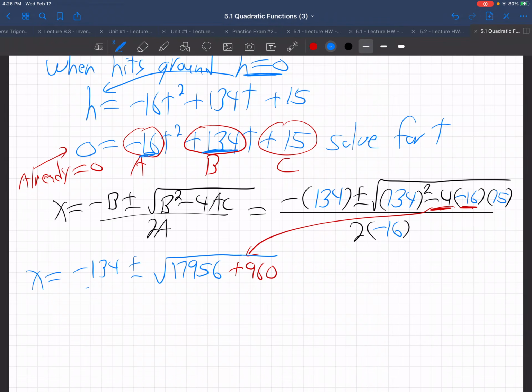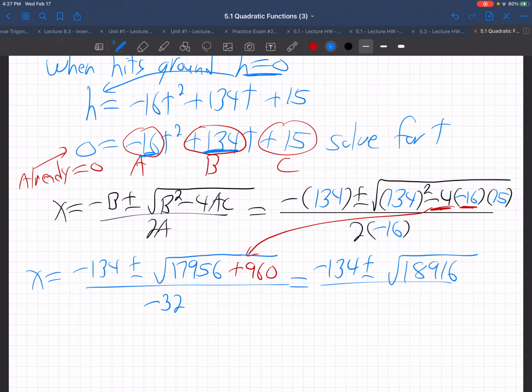You see how that came out positive there? All over minus 32. Count the minus signs carefully there. So 960 plus 17,956 equals the square root of 18,916, all over minus 32.